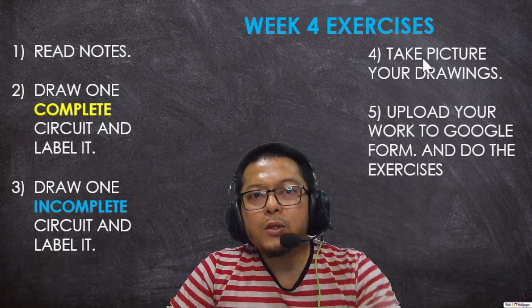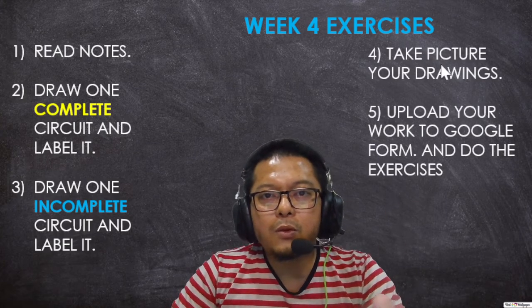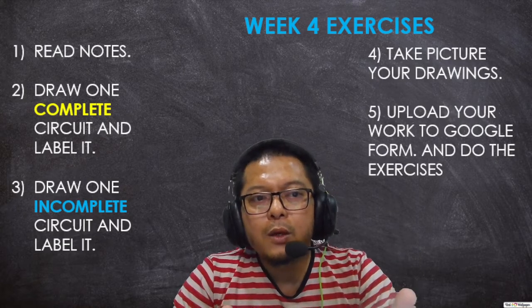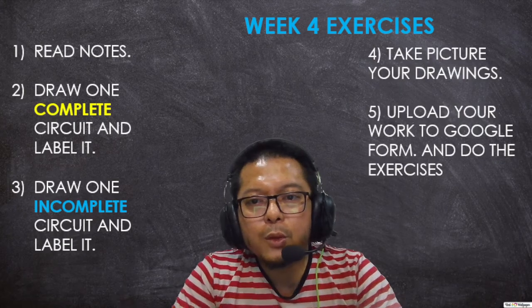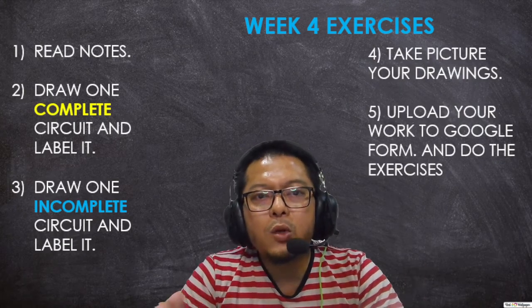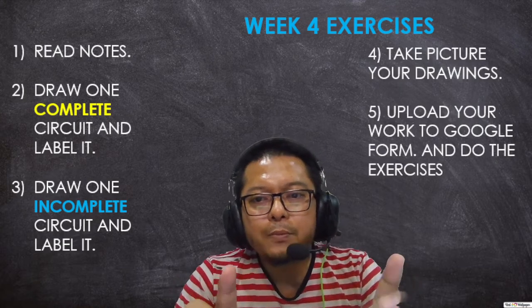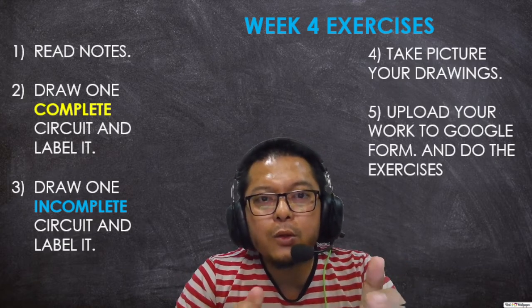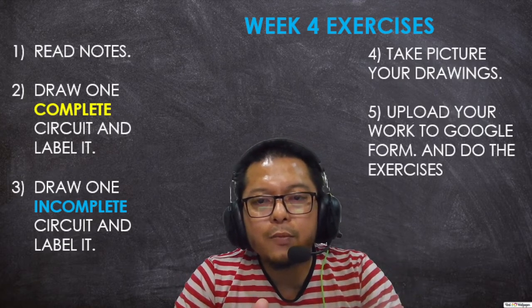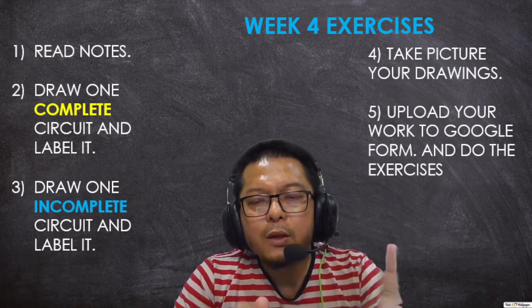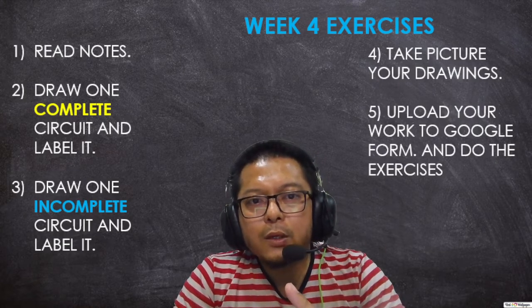Now take a picture of your drawing. You draw first and you take a picture, and you draw both complete and incomplete. You take both two pictures, and you upload through Google Form. In the Google Form, you upload your picture of this drawing, one for complete circuit, one for incomplete circuit.